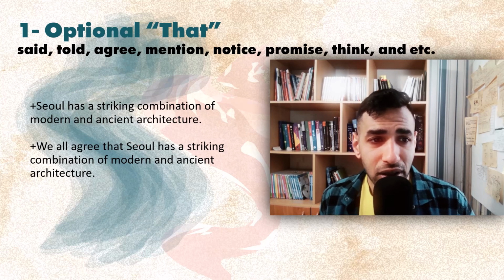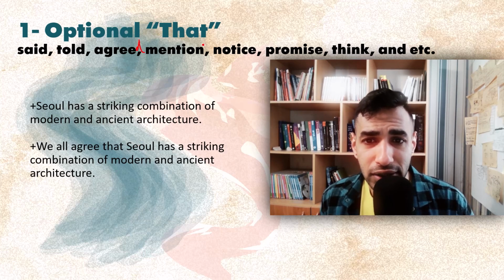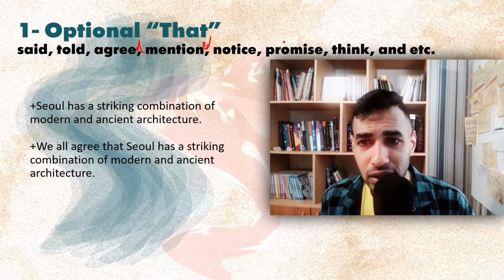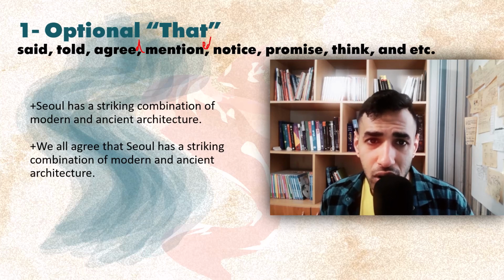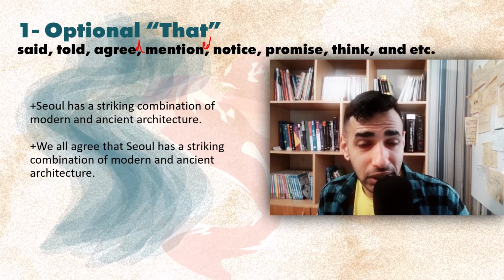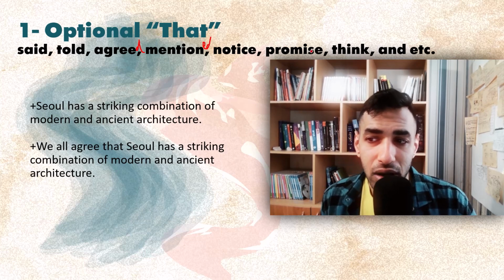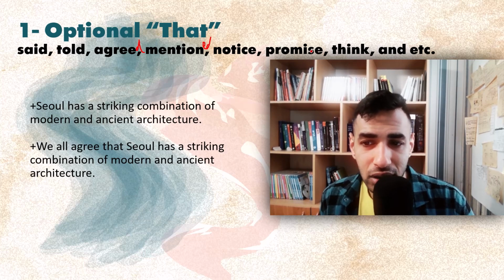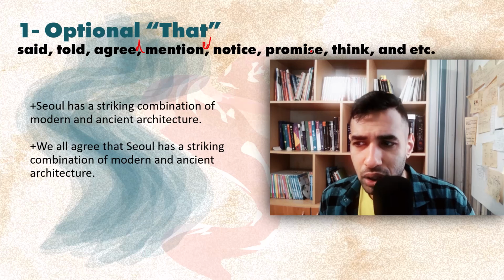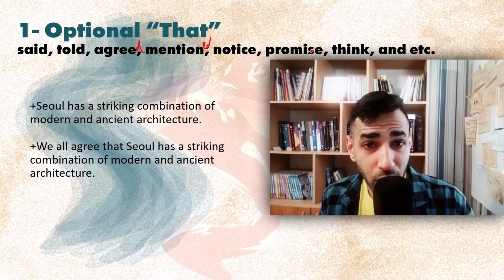With these verbs, said, told, agreed, mentioned, noticed, promised, thought, we can omit that. These verbs are common reporting verbs. With common reporting verbs, it's usual to omit that, mostly in spoken English.